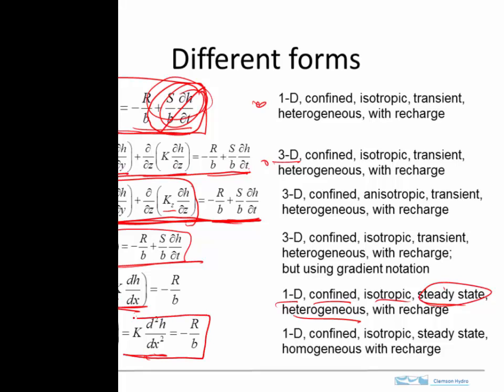This is the case where we have a 1D aquifer. We assume that it's confined. There's recharge, but it's isotropic and homogeneous. So the hydraulic conductivity is the same over the whole domain. So this is the simplest version, and indeed this then is the governing equation for the idealized scenario that we saw on the first slide.